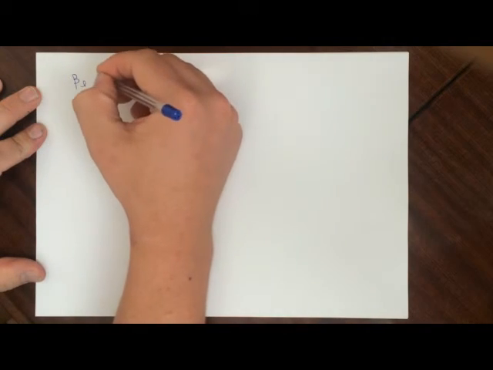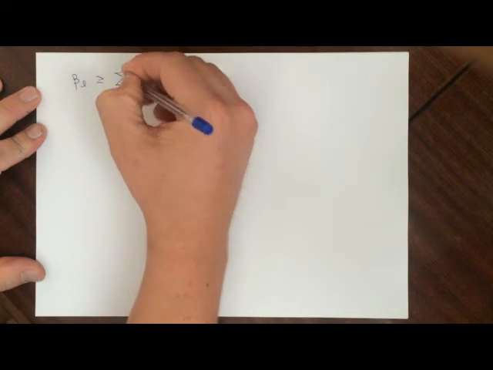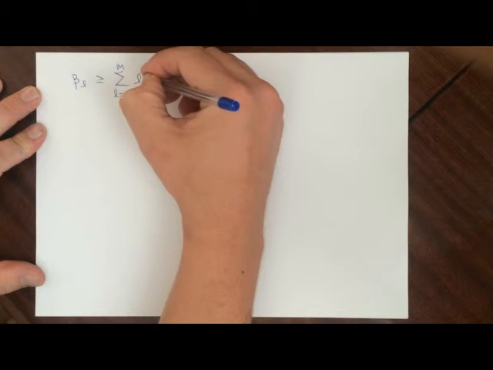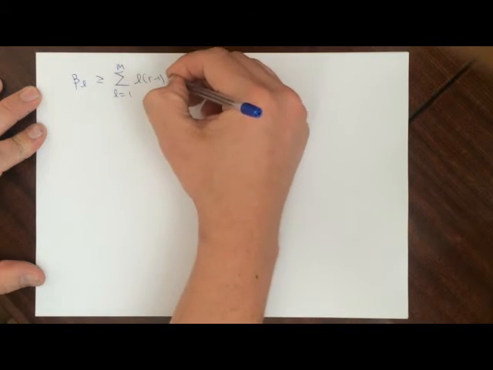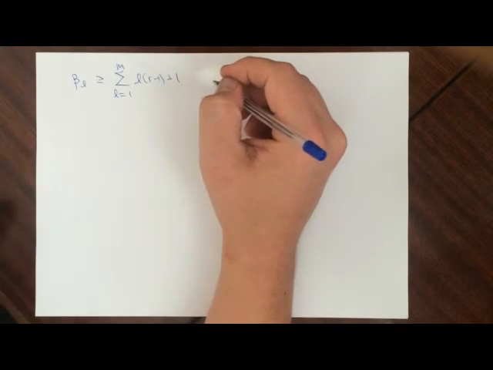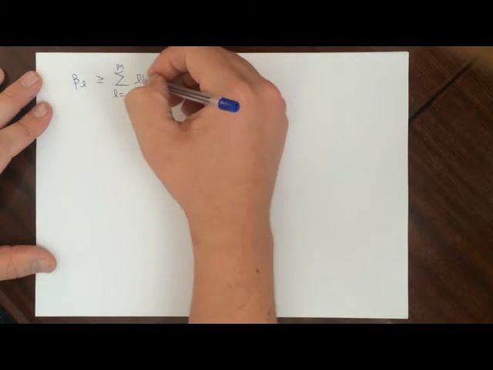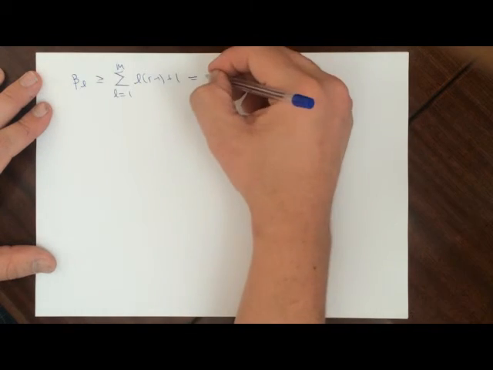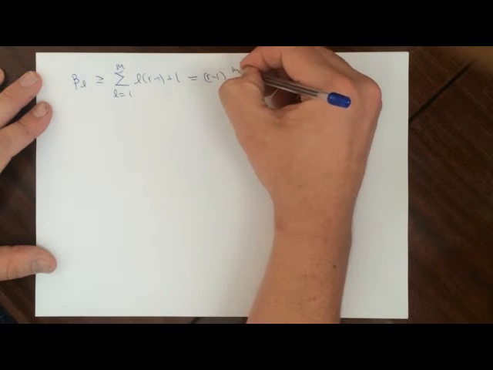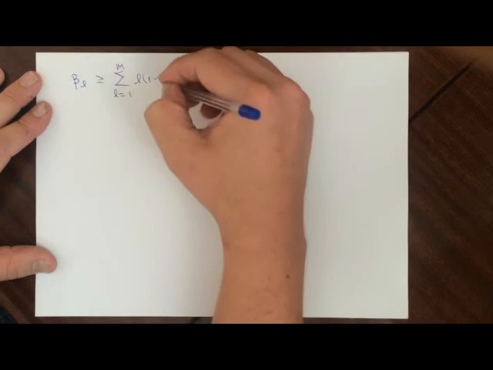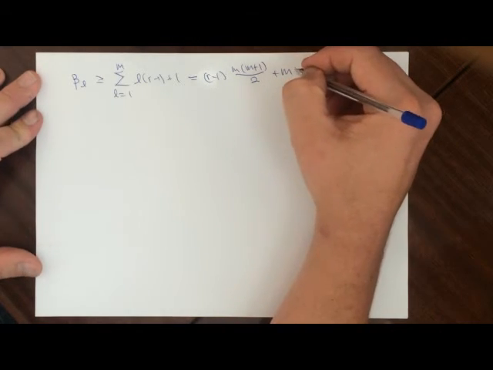Here we go. So now we have the following inequality given from what we just deduced, the description we had before. We can sum this up. We pull out the r minus 1. This is r minus 1 times m times m plus 1 divided by 2, and then here we just get m.